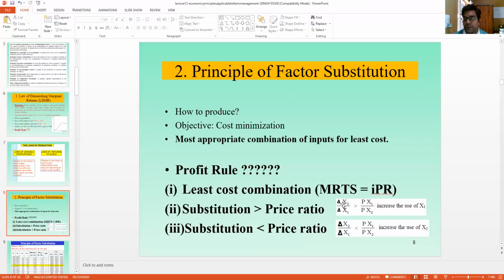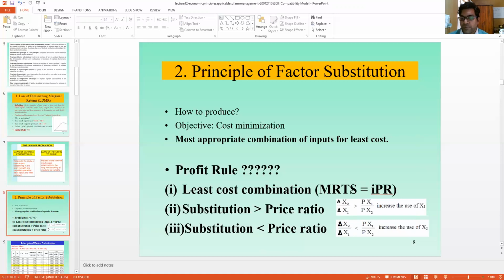So you see this one. Delta X2 upon delta X1 is nothing but MRTS, the marginal rate of technical substitution. So substitution is happening between X1 and X2. X1 is one input, X2 is another input. Say X1 is urea, X2 is potash. We have two inputs and substitution is happening. So what is the rate of substitution? The marginal rate of technical substitution.